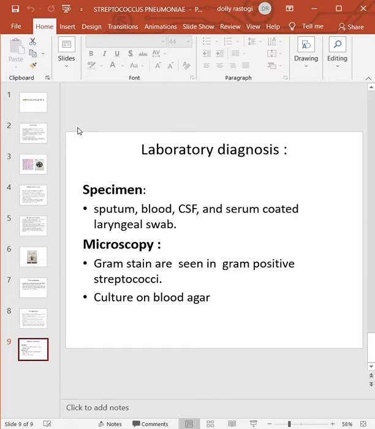In the acute phase of lobar pneumonia, there is rusty sputum and it contains a large number of pneumococci.